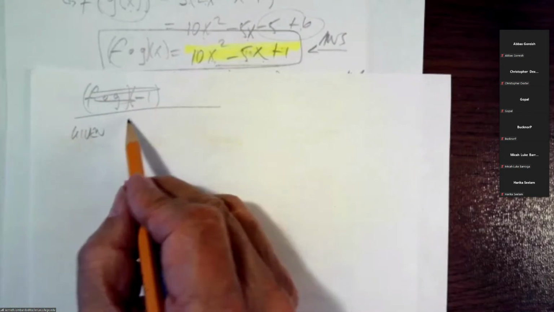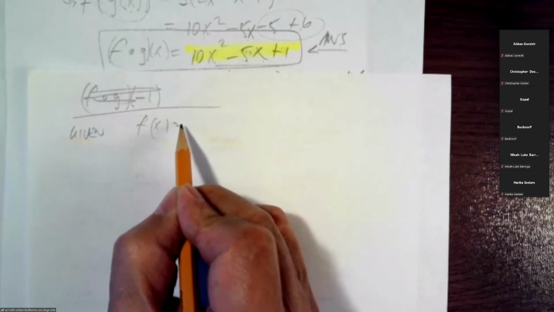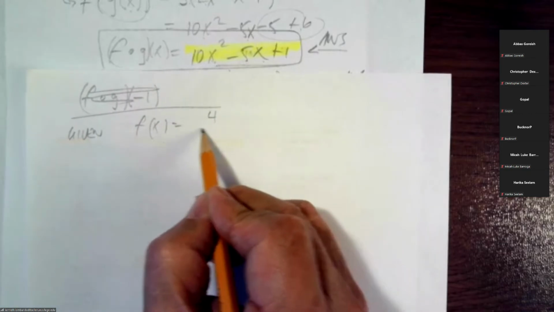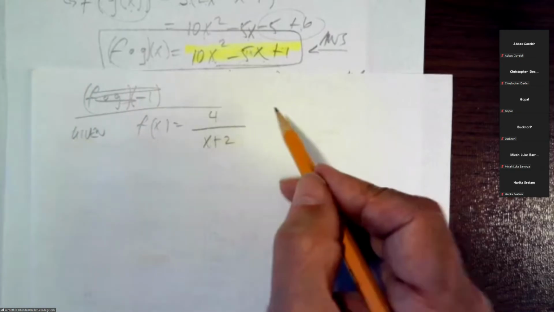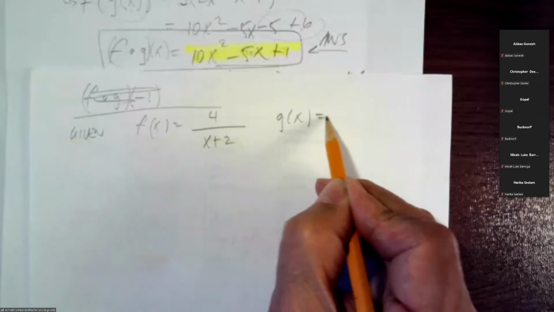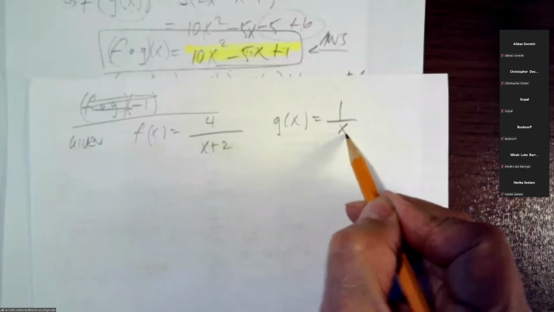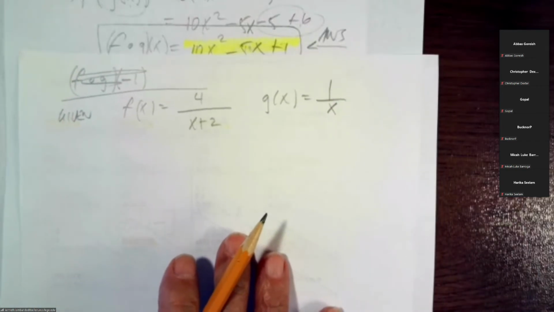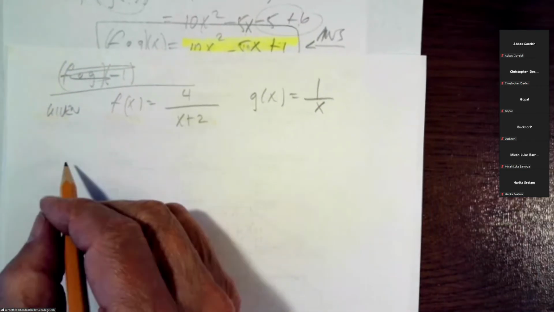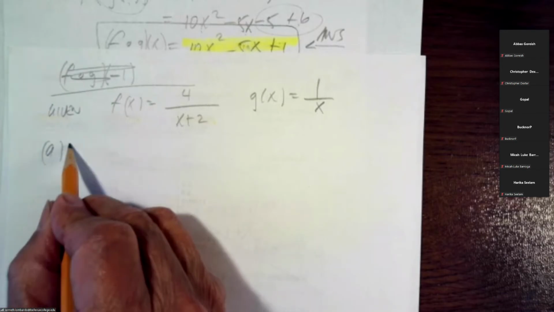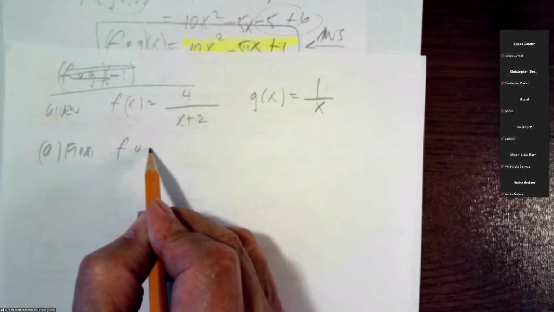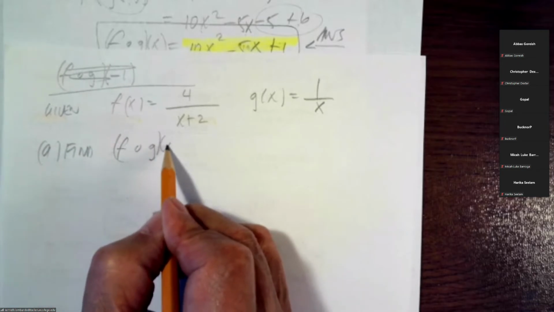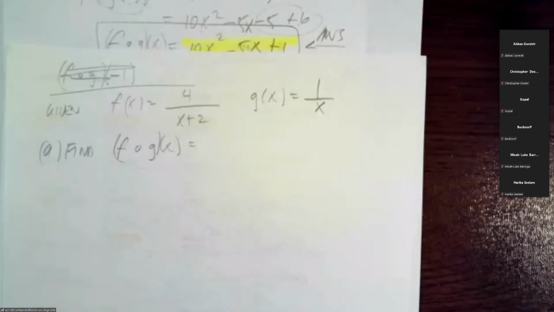Let's say we're given that f of x equals 4 divided by x plus 2, and g of x equals 1 over x. And we're going to do the same thing. A, find f of g of x.